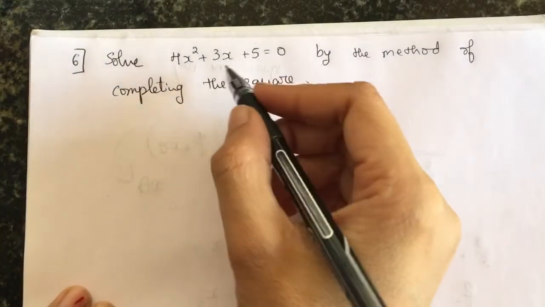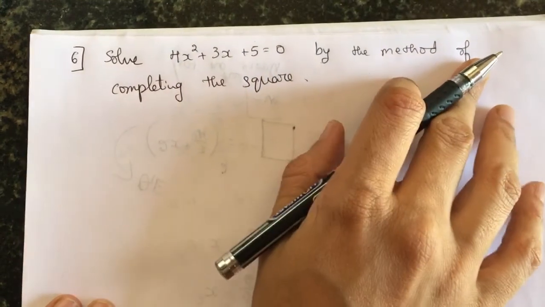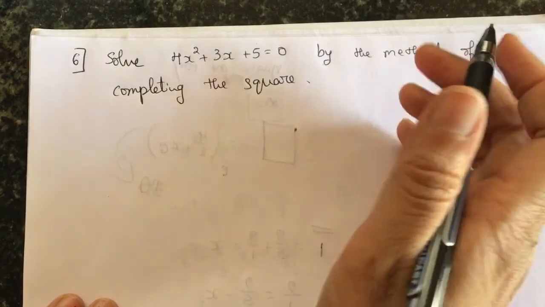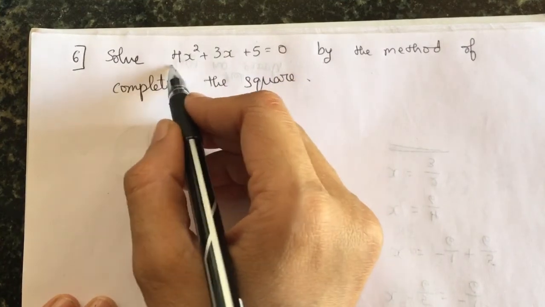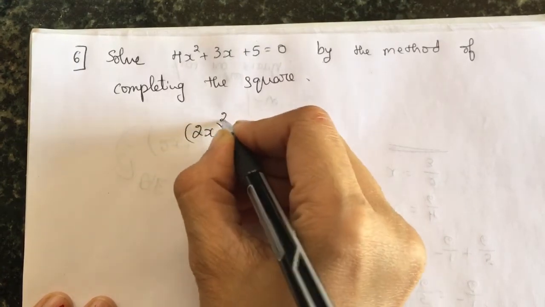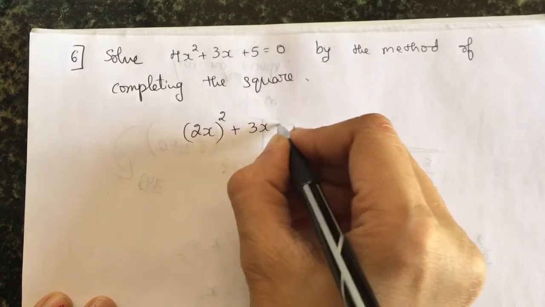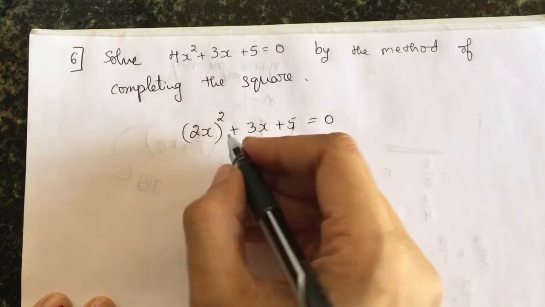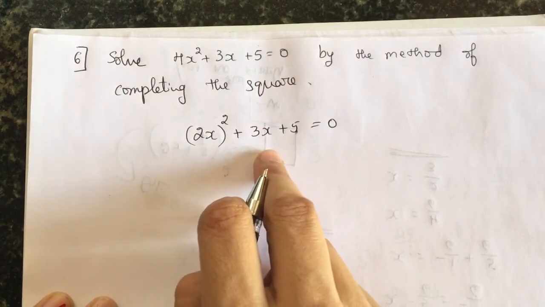Another problem: 4x square plus 3x plus 5 equal to 0 is a quadratic equation, and we have to solve it. I have to find the roots of this by using the completing the square method. Check over here, it's a perfect square, so no problem. 4x square can be written as 2x whole square plus 3x plus 5 equal to 0. Now I have to write this 3x as 2 into something.